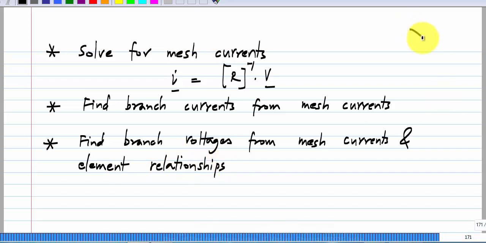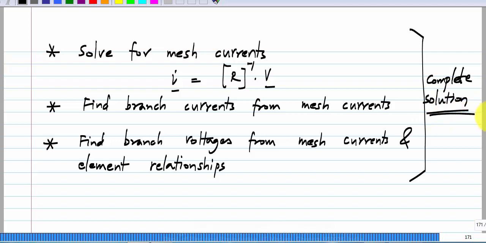Okay, so with this you have the complete solution to the circuit.